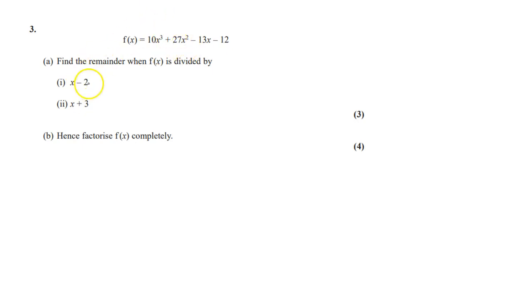Question number 3. Find the remainder when f(x) is divided by x minus 2. So we put x is equal to plus 2 to get the remainder, that is 10 times 2 to the power 3 plus 27 times 2 square minus 13 multiply 2 minus 12.